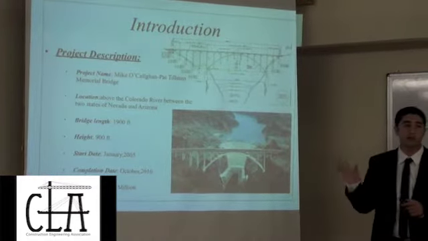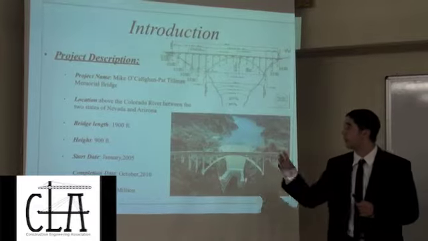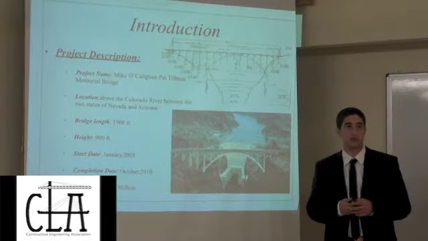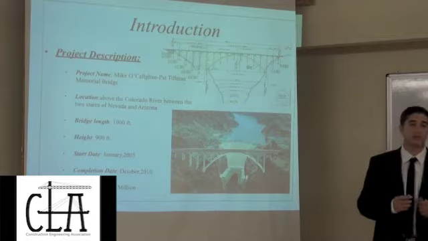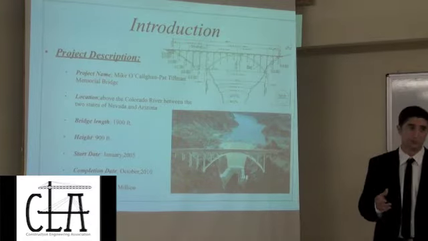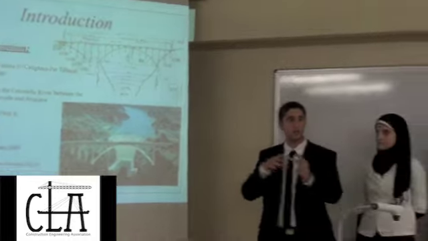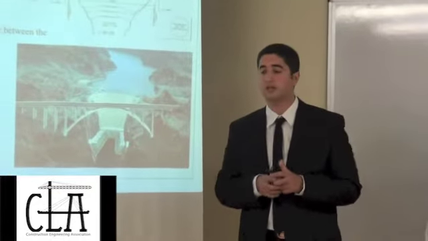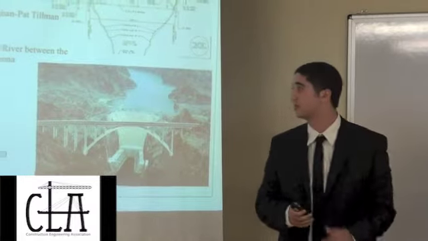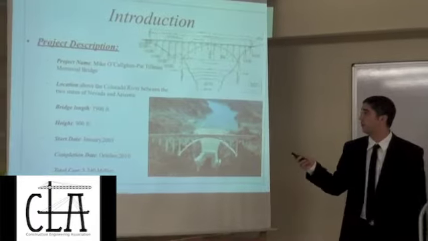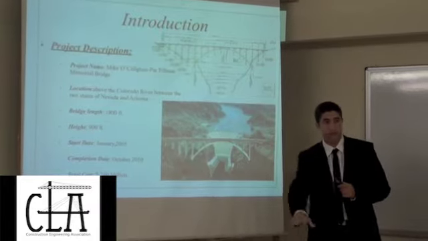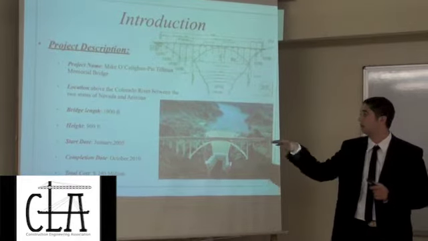So the real name of the Hoover Dam Bridge is Mike O'Callaghan Pat Tillman Memorial Bridge. However, the famous name is Colorado River Bridge. The location of the bridge is between the state of Nevada and the state of Arizona. The bridge takes you from this state over to that state, and it actually decreases the travel time between the two states by 30 minutes. The total bridge length is about 1,900 feet, and the height from the river to the bridge deck is around 900 feet.